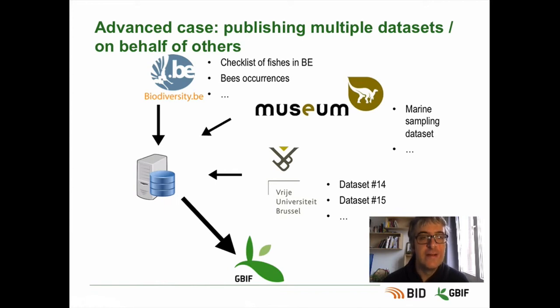You can see that this IPT server on the left is publishing 2 datasets for the Belgian Biodiversity Platforms, but also other datasets for the Museum of Natural Science or the University of Brussels. So one IPT can publish several datasets and do it on behalf of several institutions. Regardless of where datasets are hosted, they will always be clearly associated with the publishing institution and country.